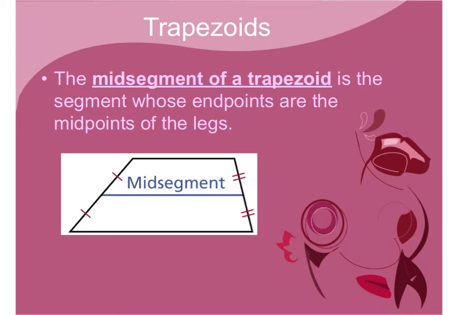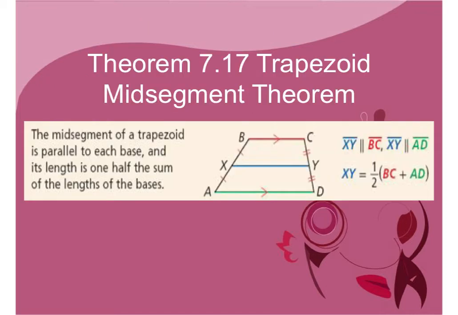Okay. There's a theorem related to the midsegment, and it says that the midsegment of a trapezoid is parallel to each base, and its length is 1/2 the sum of the lengths of the bases. So the parallel portion is pretty self-explanatory, okay? Every midsegment that you draw is going to look parallel to the bases of the trapezoid, okay?